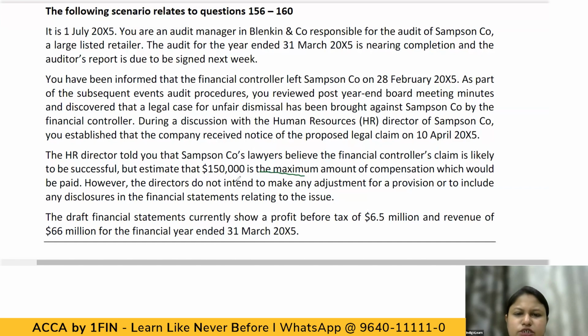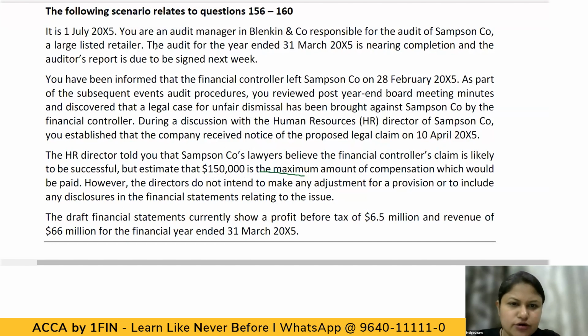However, the directors do not intend to make any adjustment for the provision or to include any disclosure in the financial statements relating to the issue. The draft financial statements currently show a profit before tax of $6.5 million and a revenue of $66 million for the financial year ended 31st March 2015.